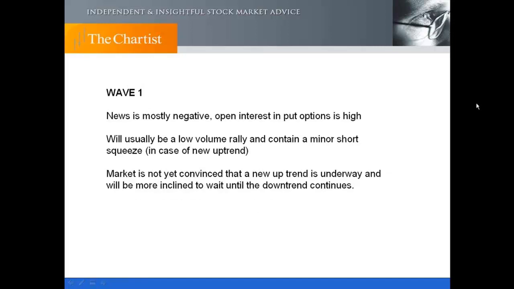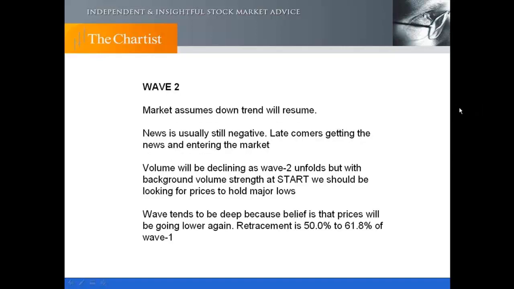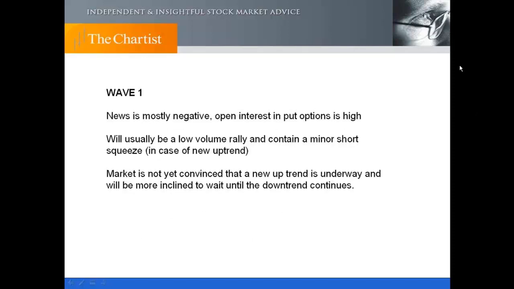So when we get to wave one, usually news continues, and I'm talking about a bull market here, okay? So we're talking about an upward 5-wave structure. So wave one, news remains mostly negative. Open interest in put options is very, very high and it will usually be a low volume rally and contain minor short squeezes in a new upward movement.